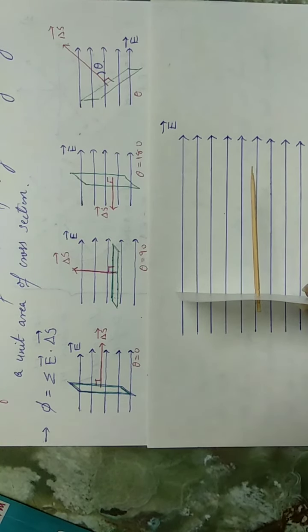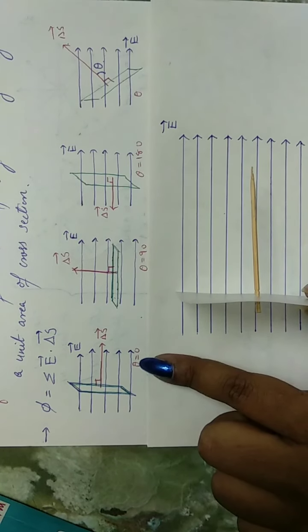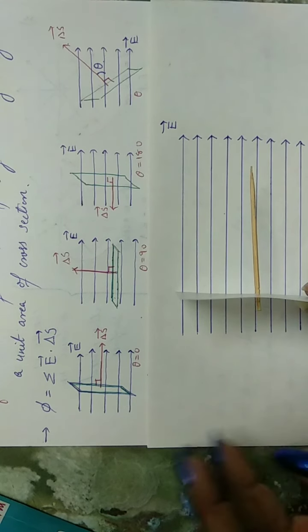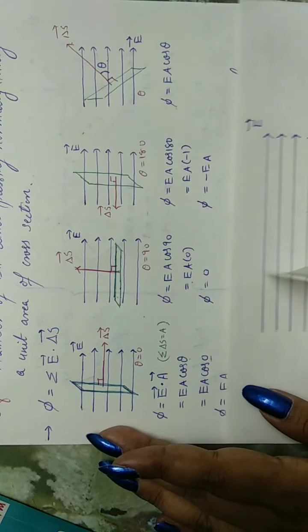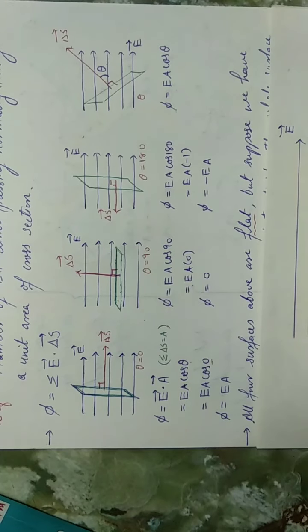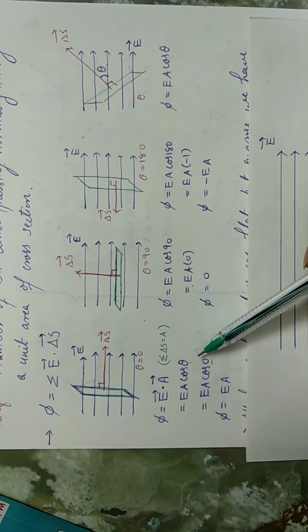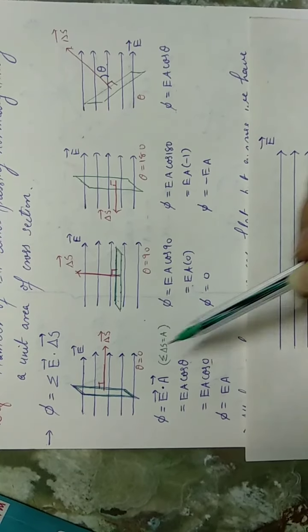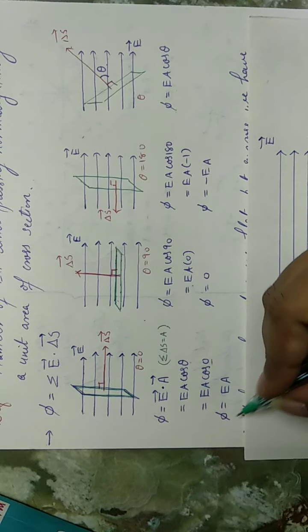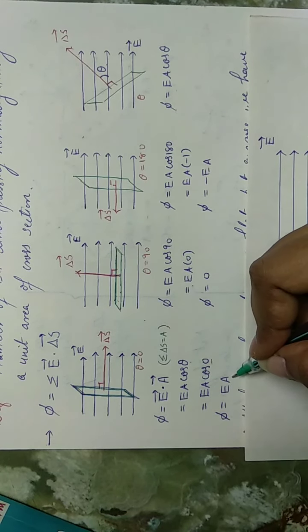So if I substitute the value of this theta, which was the angle between the electric field and the area vector, in the formula of flux, then what I obtain is this: flux is equals to E dot A, that is EA cos theta, and you know the value of theta was 0. And what is the value of cos 0? It is 1. So flux will be E into A.